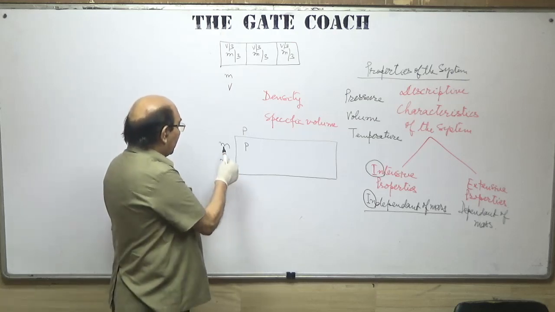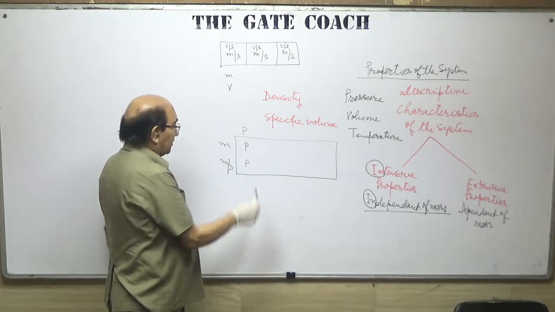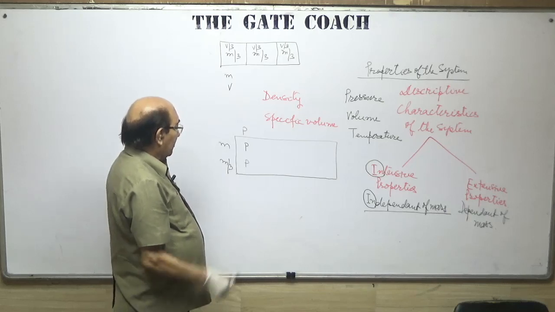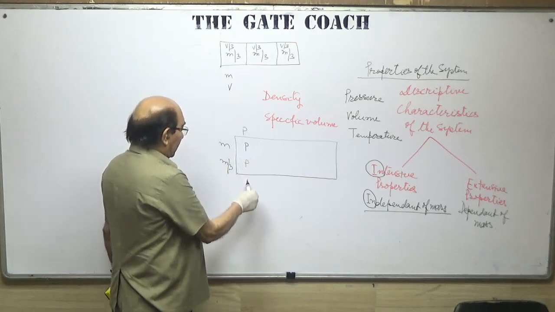And hence, whether mass is m or mass is m by 3, pressure is P. That means pressure is independent of mass, and hence it is an intensive property.